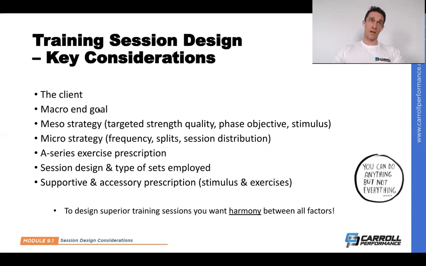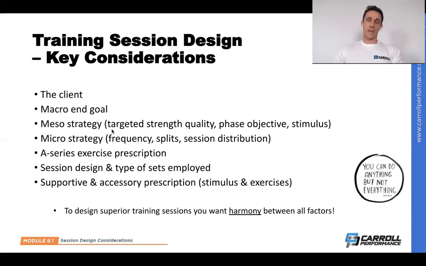Because again, a client may have a goal of fat loss, but your training prescription could have a macro cycle end goal of increasing relative strength, or it could be a functional hypertrophy focused end goal. But the nutritional prescription may be quite different to or allow that achievement of that goal. It might not be quite as optimal.